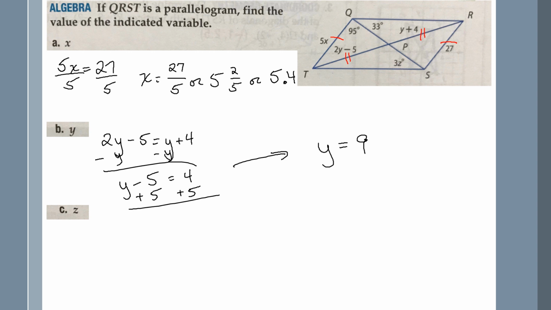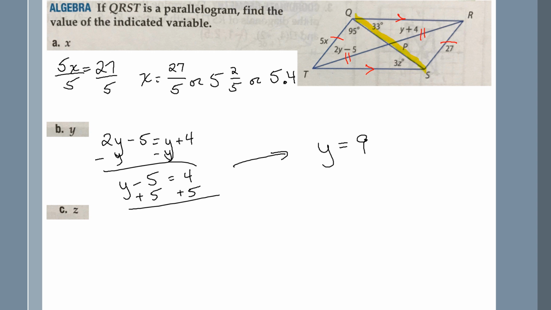Our final piece of this puzzle, we know that if it's a parallelogram, opposite sides are parallel. And right here we have a segment, this segment here, which is not very well highlighted for you. Let's go this way with it.